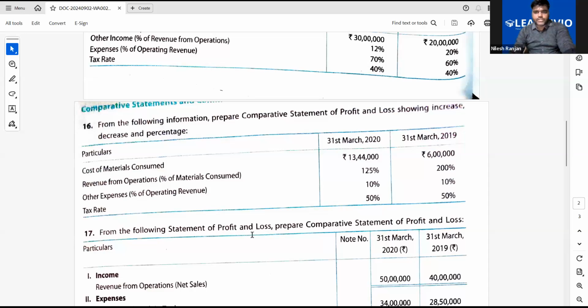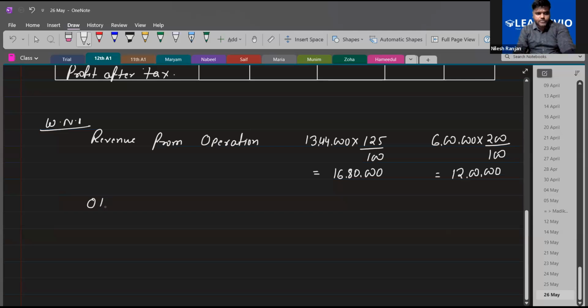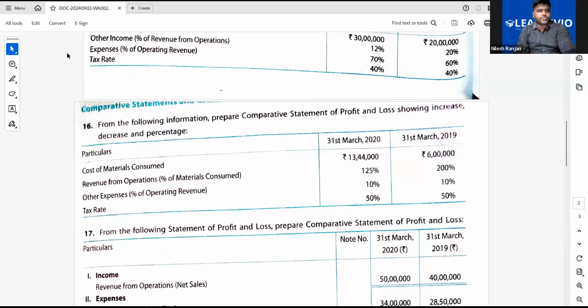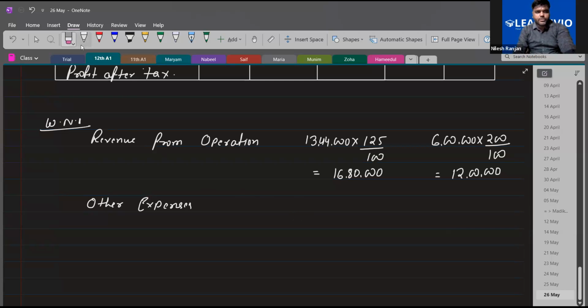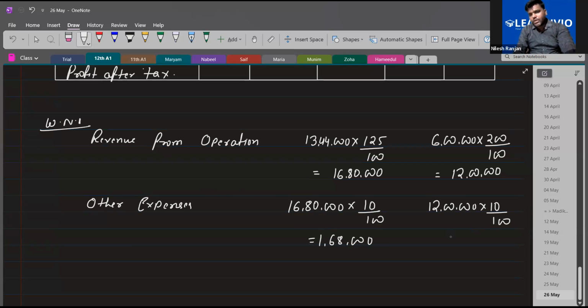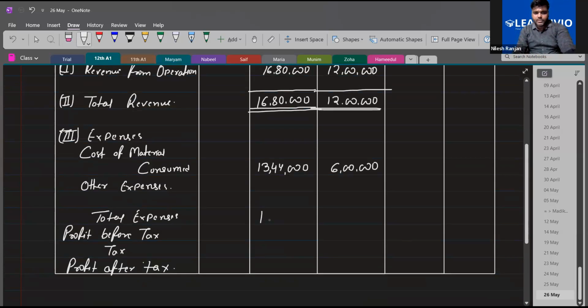Other expenses are 10% of operating revenue in both years. So 16,80,000 into 10% is 1,68,000, and 12 lakh into 10% is 1,20,000.